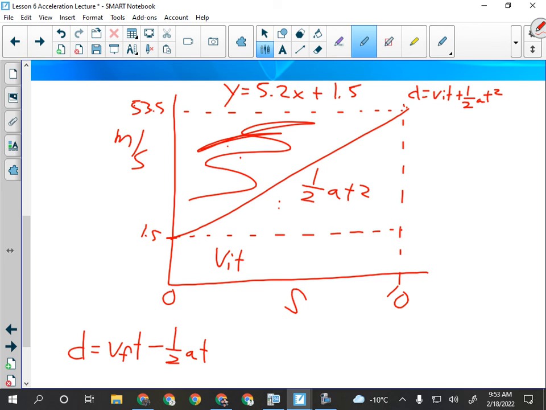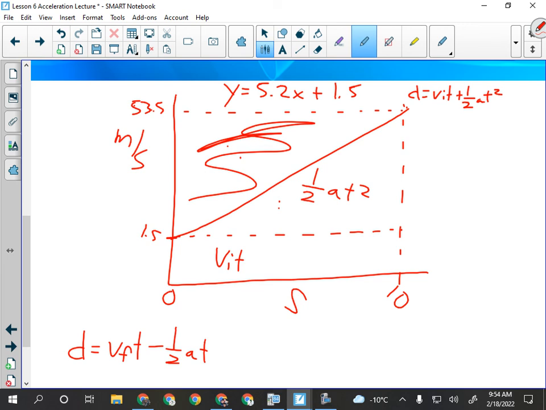But way more easily than actually calculating the area under the line the way we've been doing it. So if I was to give you a graph like this on a test, with that equation, could you use one of these two formulas? You could, and it would be really fast, and it would be correct on top of it, to calculate the total displacement.